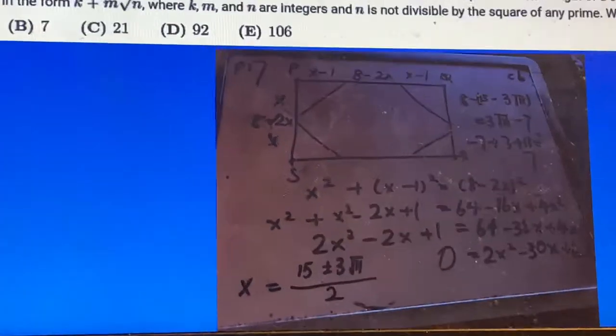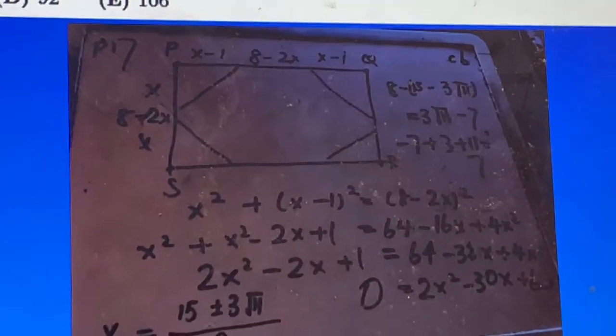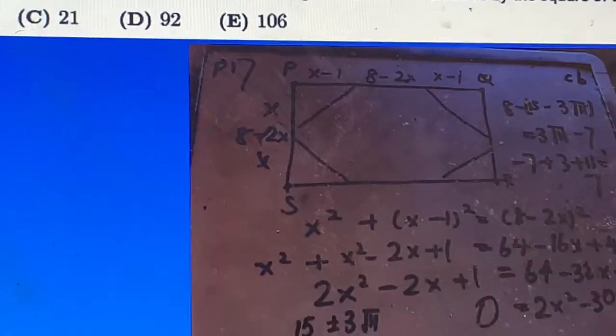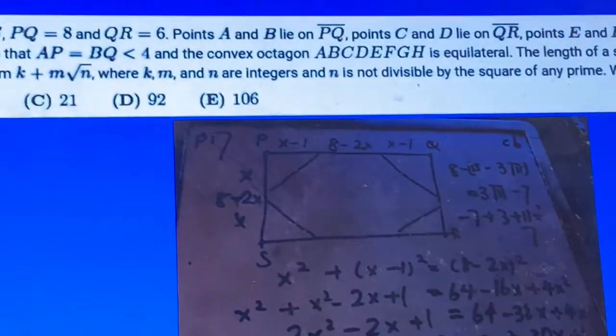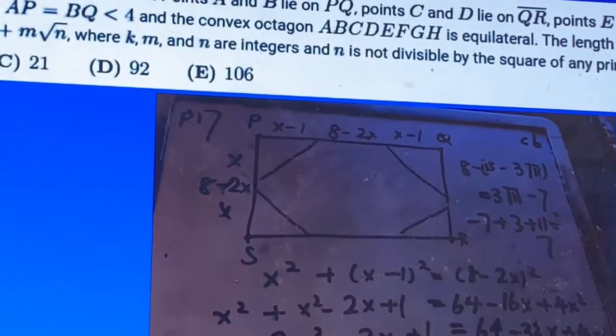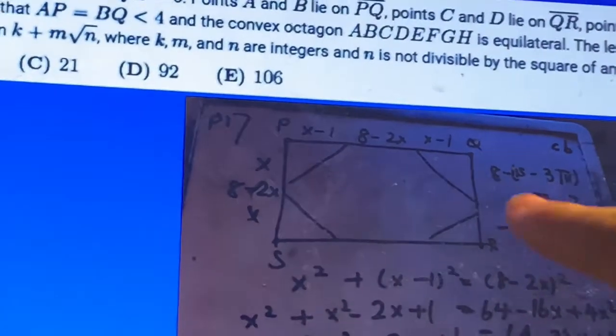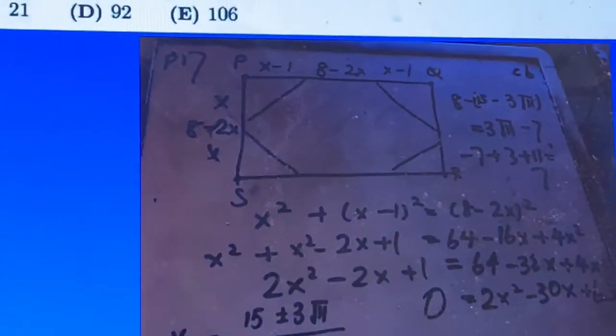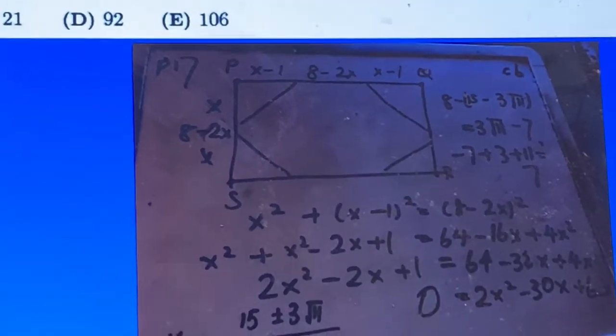This is the solution. The first step is, we know that this is 8, this is 6, this is 6, this is 8. Since we know this is equal to this, we can express this and this in terms of x, where this is x and this is x minus 1.